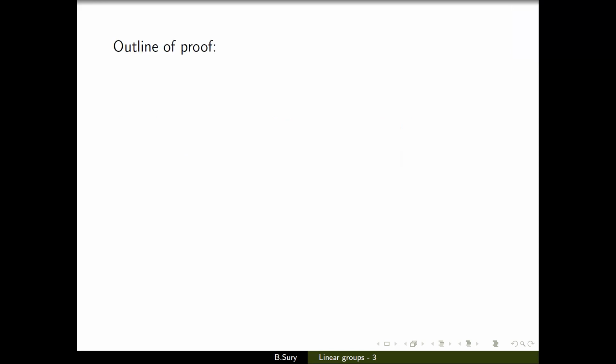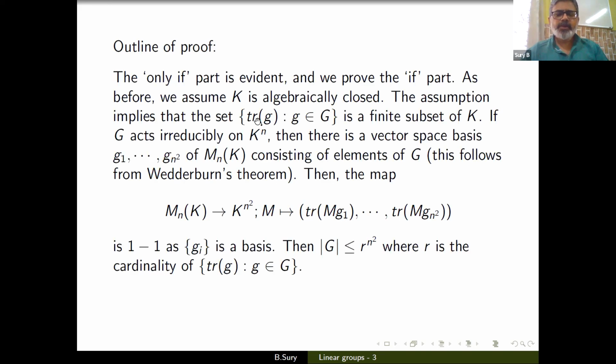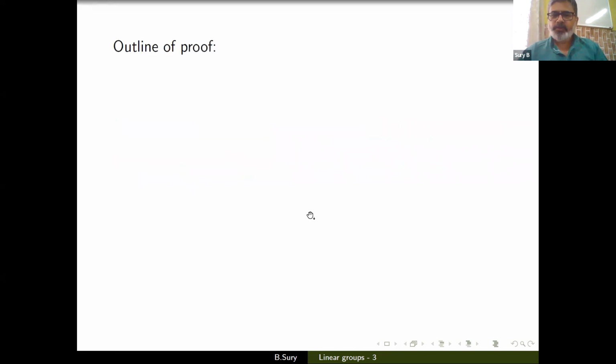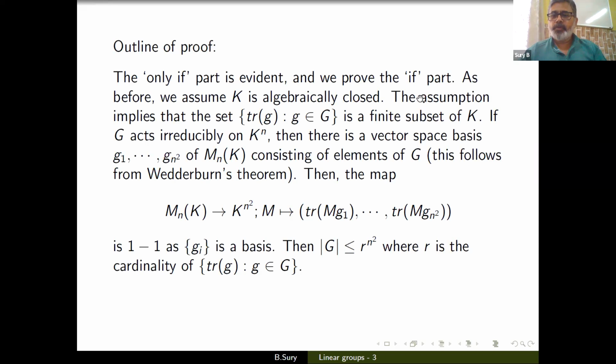So here is the outline of the proof. The only if part: if the group is finite, it has finitely many conjugacy classes, obvious. So we prove the if part. Assume the group has finitely many conjugacy classes.